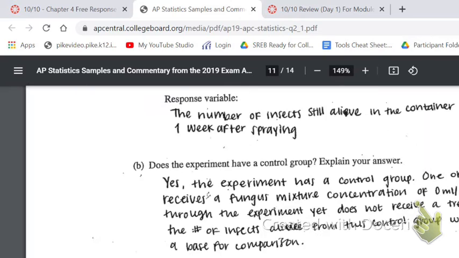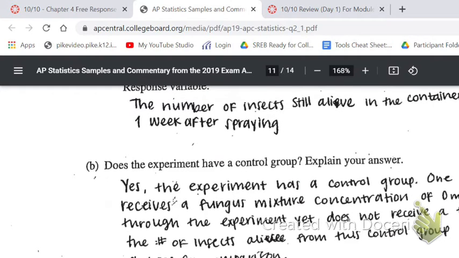How do we feel about part B? So I'm curious here. I agree that there is a control group. It says one of the groups receives a fungus mixture concentration of 0 milliliters per liter. Is it therefore receiving a treatment?